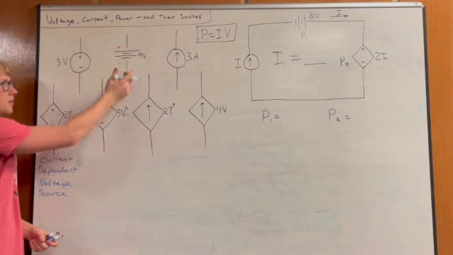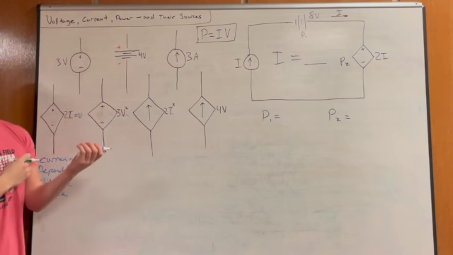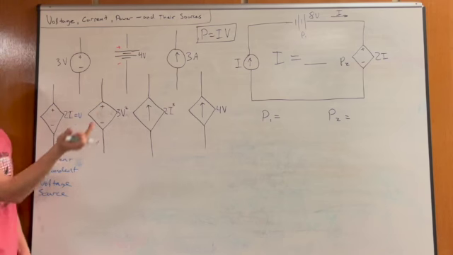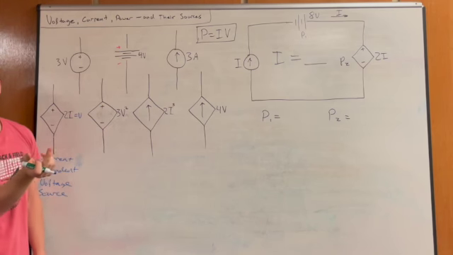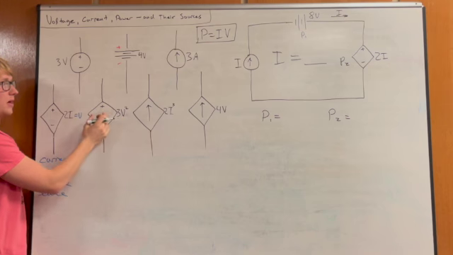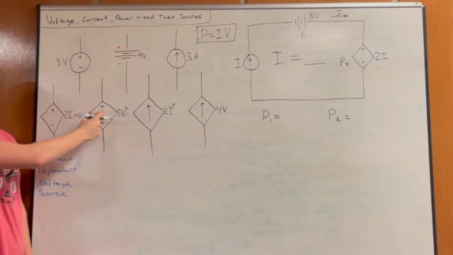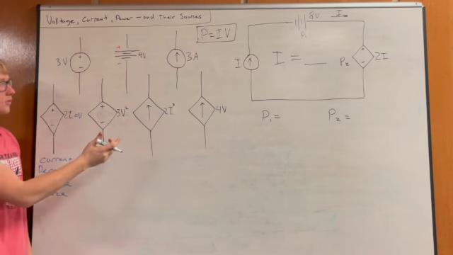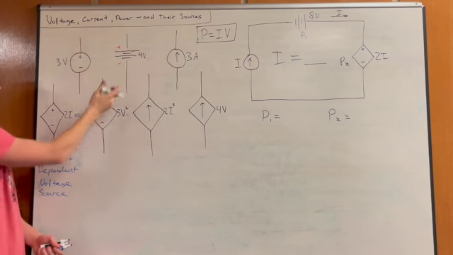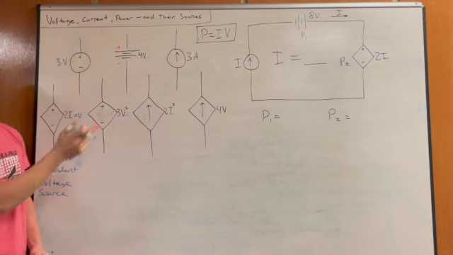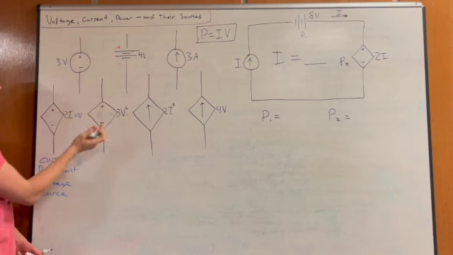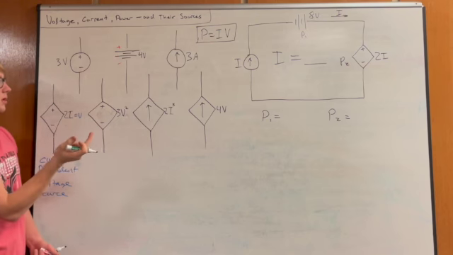But let's say that this source is dependent on whatever this is. So it'd be a voltage dependent voltage source. It's dependent on the voltage of something else. If V is right there and it is 4, the voltage of this source would be 16 times 3.